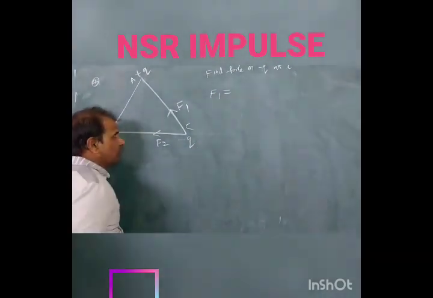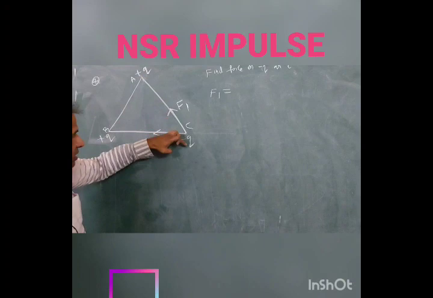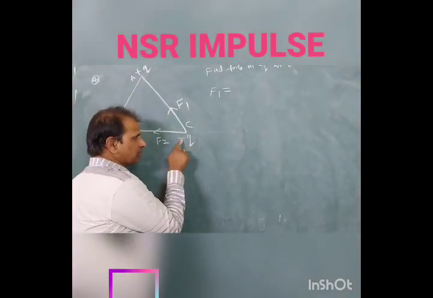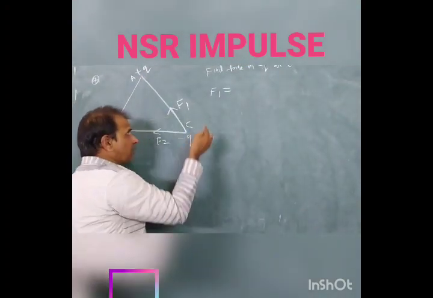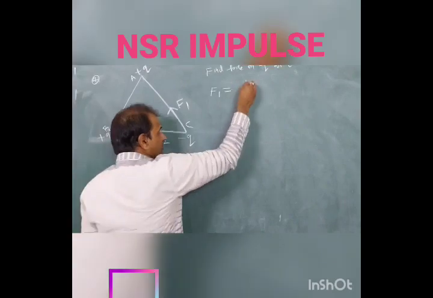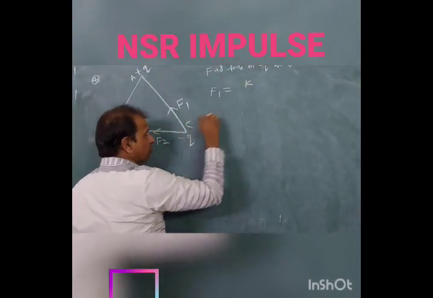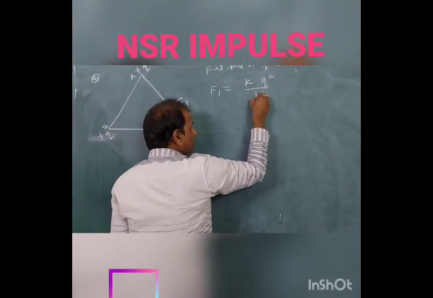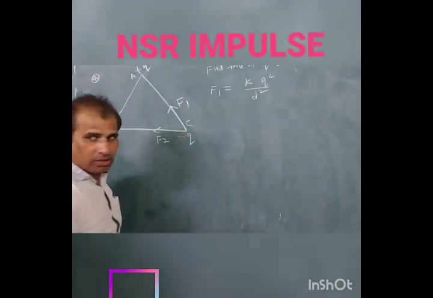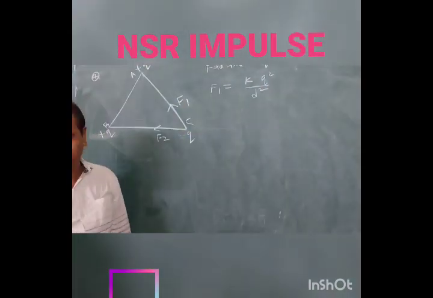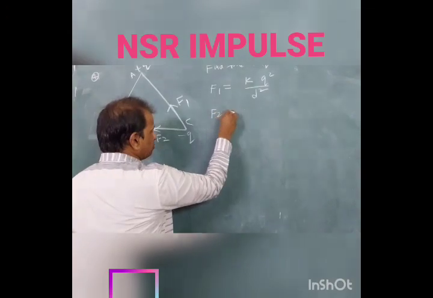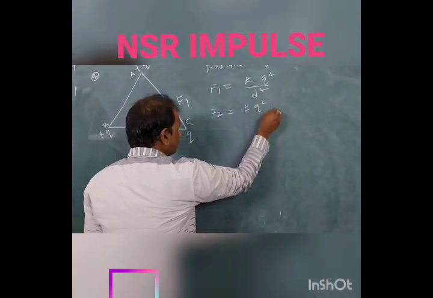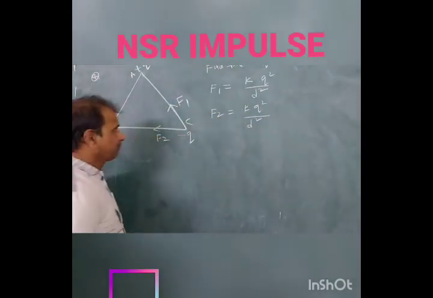So F1 is equal to the formula for two charges, plus Q and plus Q. Don't put the sign here, because the sign has already come in the form of direction. K Q into Q, Q square by d square. Similarly, F2 is equal to K Q square by d square.